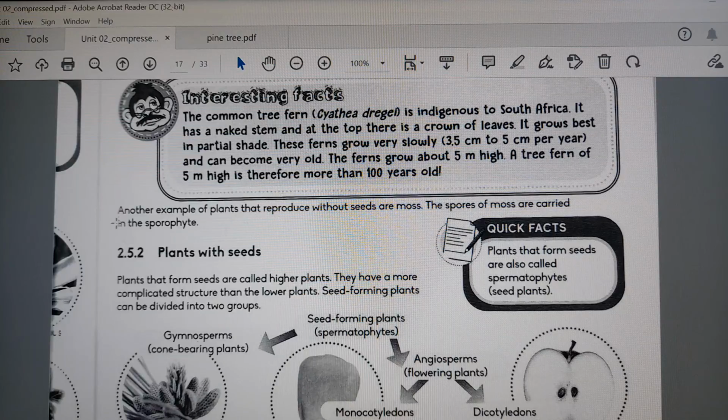Okay, and that brings us to the end of our lesson on plants without seeds, but this was covered under diversity of plants. Diversity of plants is divided into 2: plants with seeds and plants without seeds. So today we covered plants without seeds.